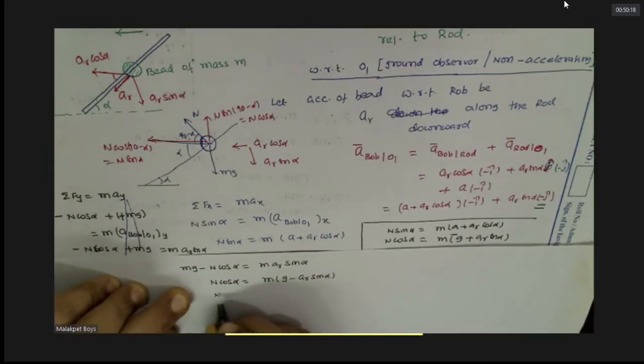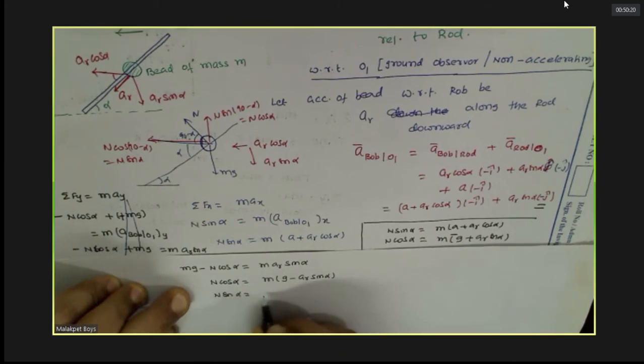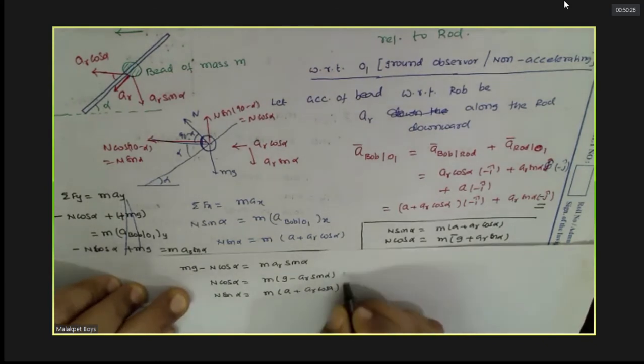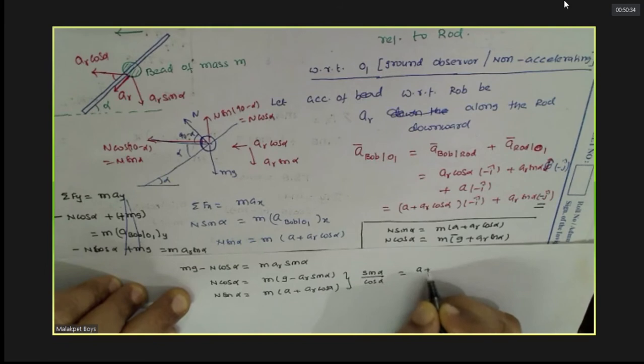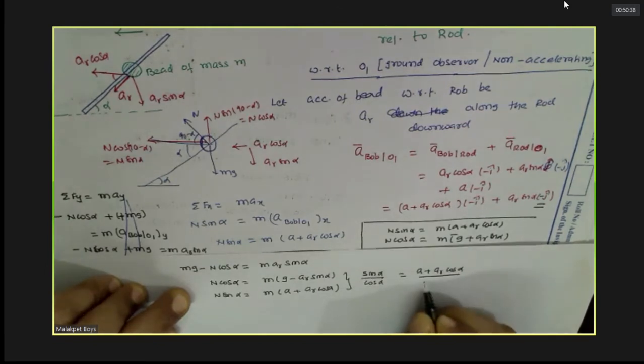Already you got tan alpha is how much? Divide one by the other. Okay, now cross multiply.